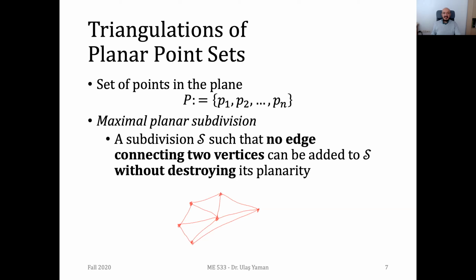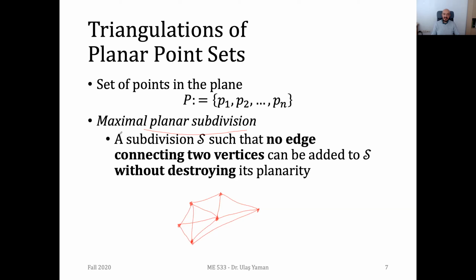And again, this is a maximal planar subdivision. Why is that? Since we cannot have any connection between, let's say, this point and the other one above without destroying the planarity. So that's why we can say that this is a planar subdivision. The newly added edge would have to cross some of the edges available in the planar subdivision.